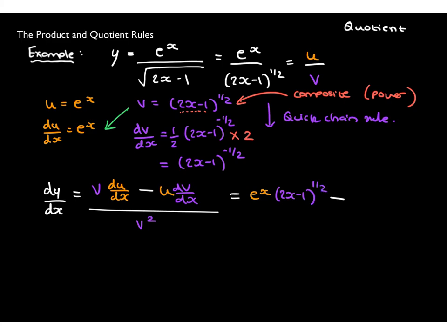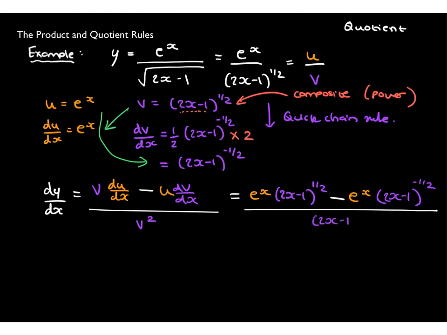And then I want to subtract u multiplied by dv/dx. So that's e^x multiplied by (2x-1)^(-1/2). And then the whole thing is being divided by v squared. And of course, v squared is simply 2x-1.